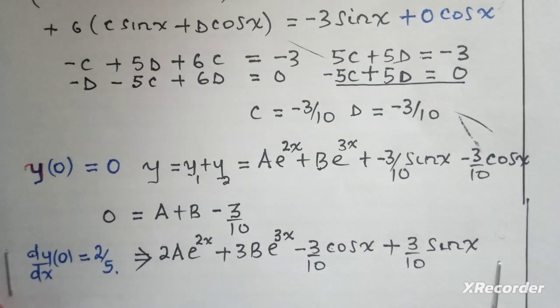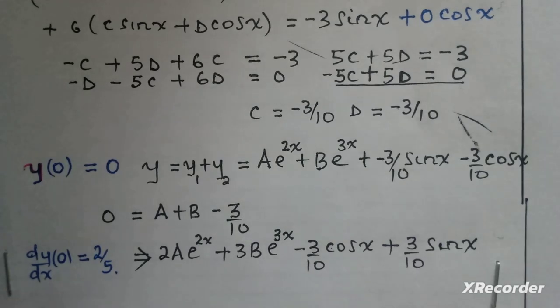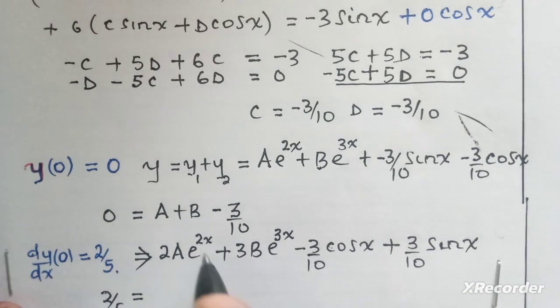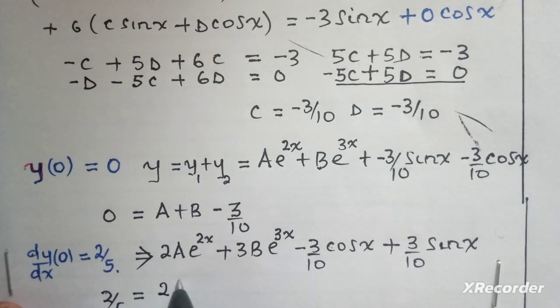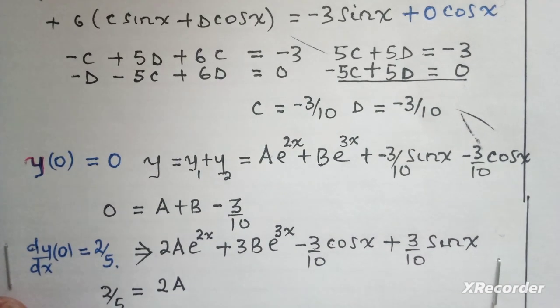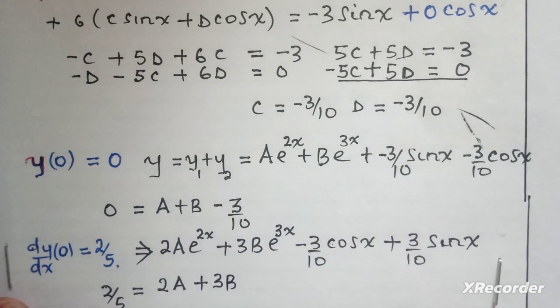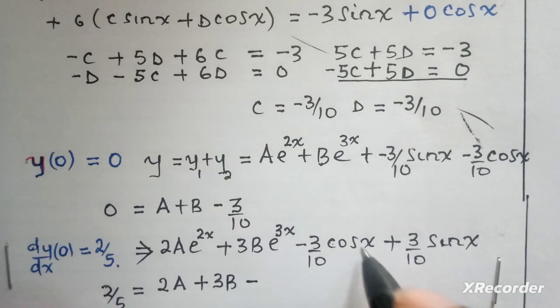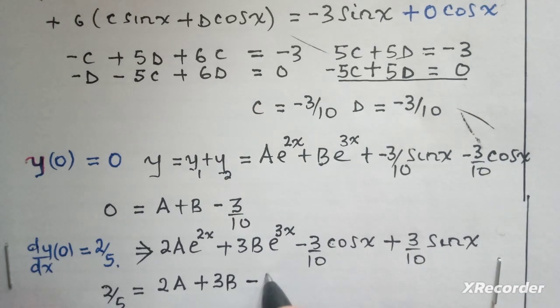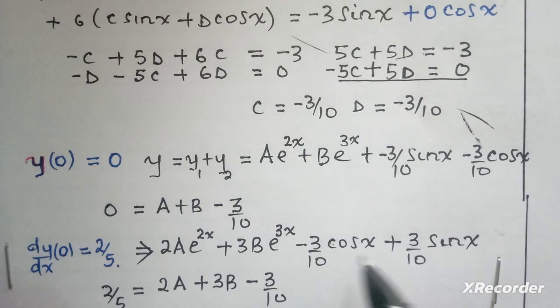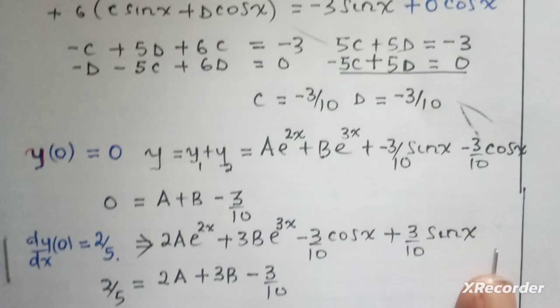So when we come and replace, this is what we are going to find out. 2 over 5 is now equal to, we replace there with 0, we have 2a, like that. For this one, we shall have plus, if we replace with the 0 there, we have 3b, like that, and then minus 3 over 10. Because when we replace with the 0 here, it's 1, here it's 0. So this is our equation, guys.